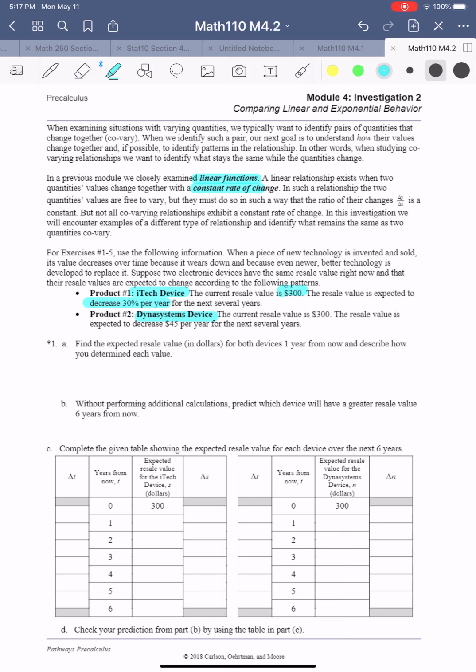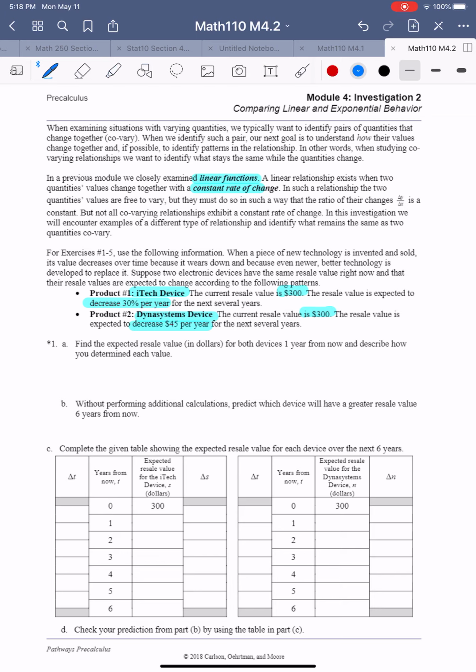For product two, the Dyna Systems device, the current resale value is $300, the same as the first one, but the resale value is expected to decrease by $45 per year. Number one: find the expected resale value in dollars for both devices 1 year from now, and describe how you determined each value.